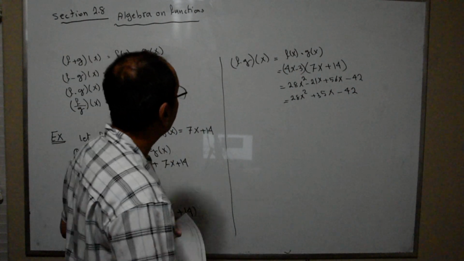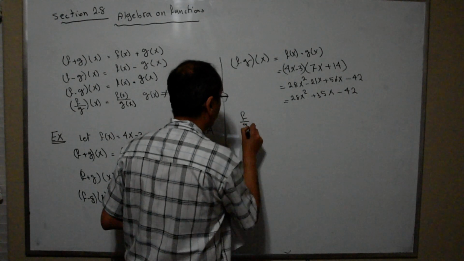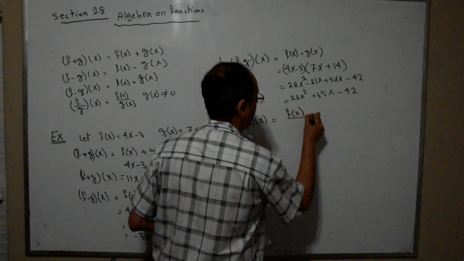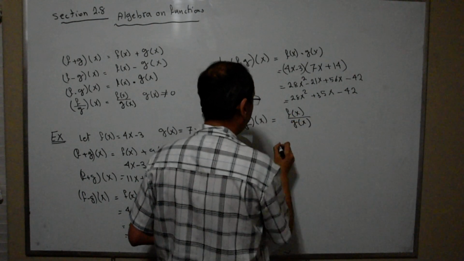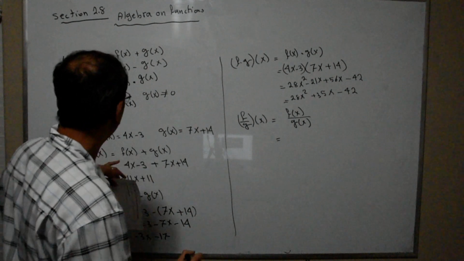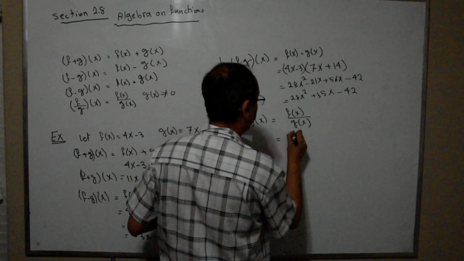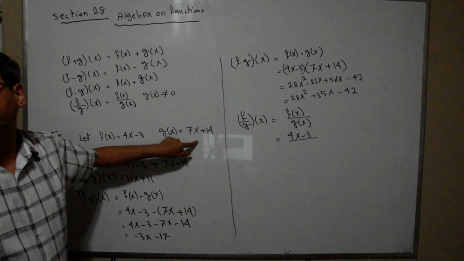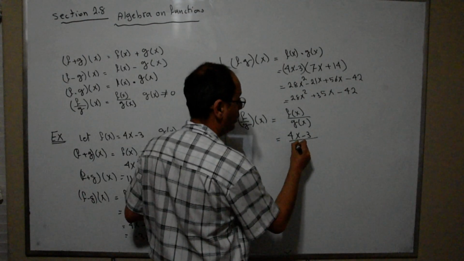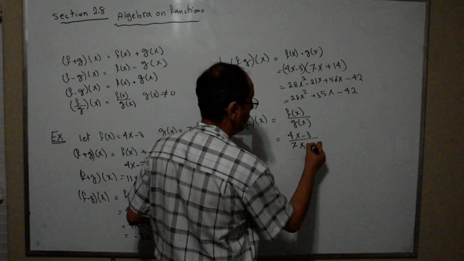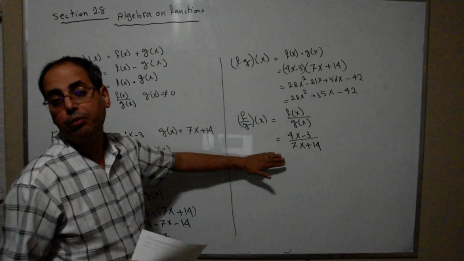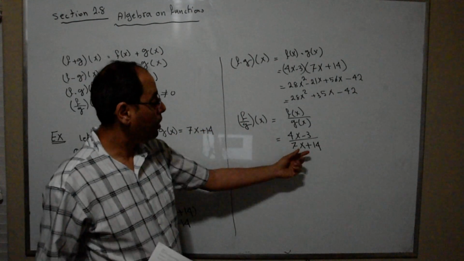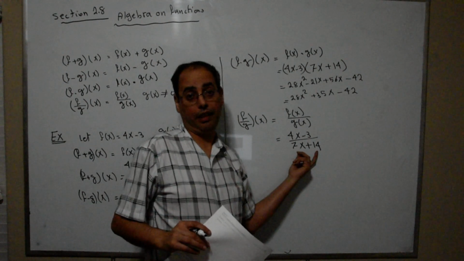Okay? So the last thing is f over g of x equals f of x divided by g of x. Okay, what is f of x again? 4x minus 3 divided by g of x, which is 7x plus 14. Okay, up to this step I am done with f over g of x. However, I want to make sure that this denominator cannot be 0.